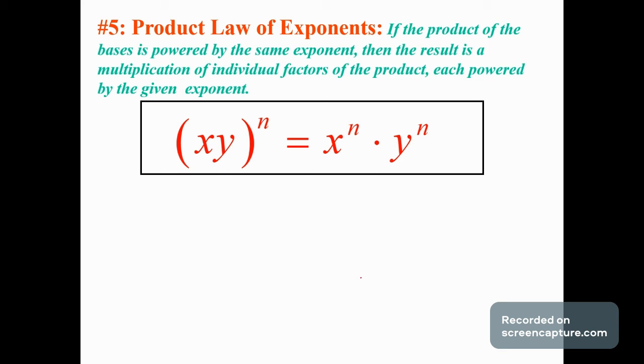So simply like this, xy in parentheses to the power of n, which means these x and y possess the same exponent, n. So we have it as x to the n times y to the n.